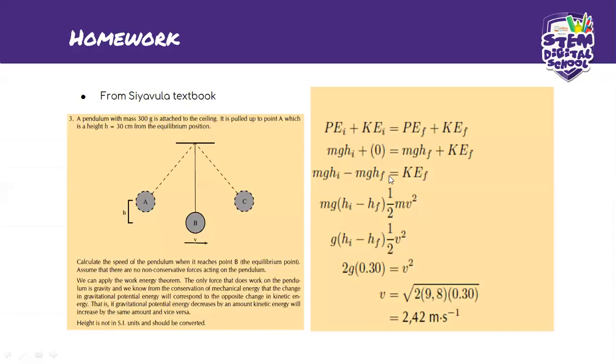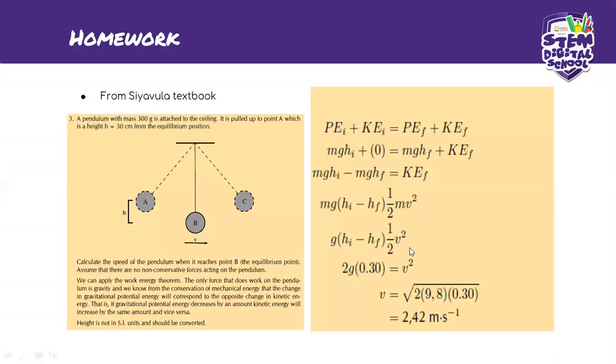I'm sorry, I forgot to put it in there. mg(hi minus hf) will be equal to half mv squared. Then we divide both sides by m in order to have g(hi minus hf) equal to half v squared.